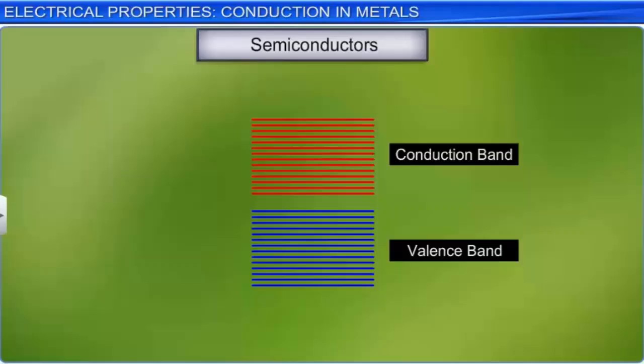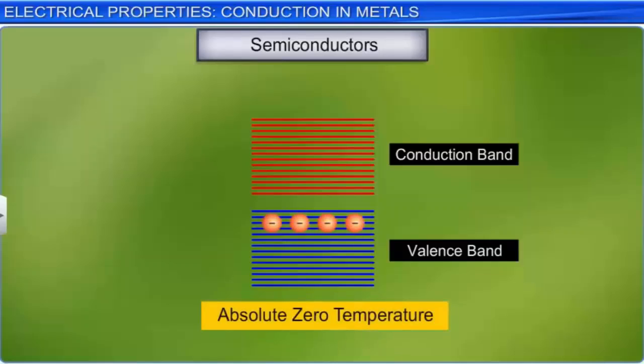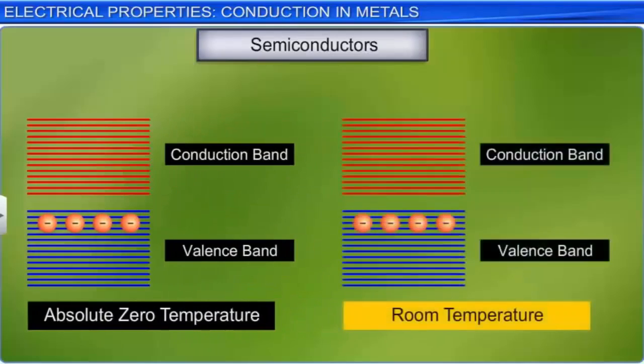At absolute zero, semiconductors are perfect insulators. But at room temperature, there is enough thermal energy to allow the occasional electron to jump. And this gives the semiconductor limited conductivity. Semiconductors can be classified into two broad categories.